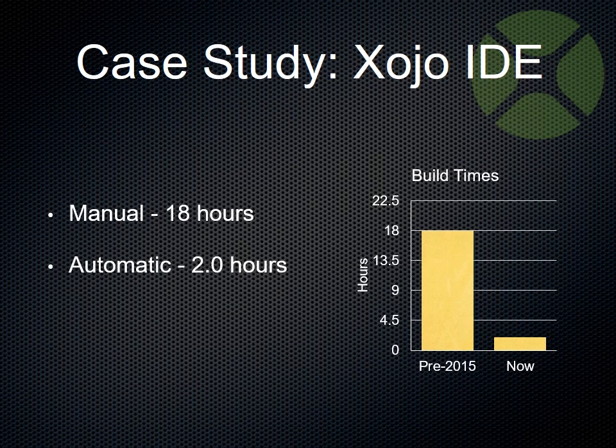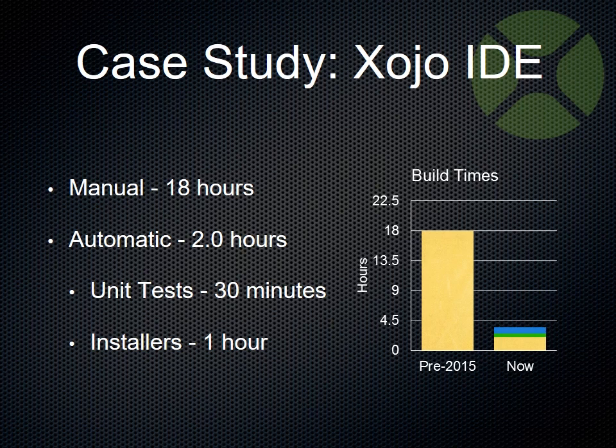And then we also get this nice extra thing, because now we're running unit tests every single time, and we build installers every single time now. The process ends up being 2.5 to 5 times faster, depending on the day and all the pieces that have to be built.